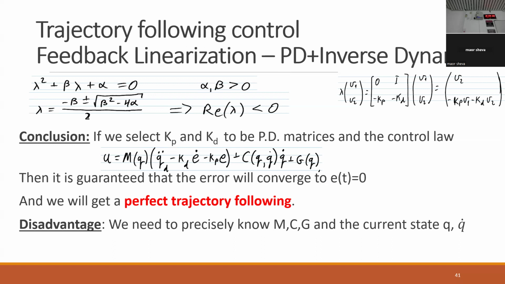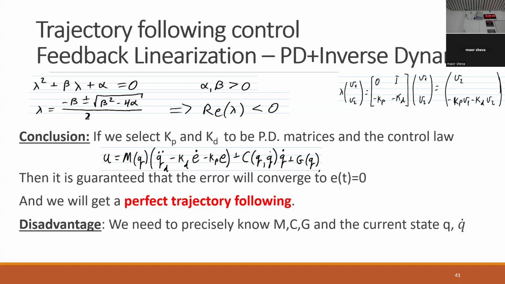And we will get a perfect trajectory followed. Even if I have error from the trajectory, it will get back to the trajectory. So it's a very good and useful controller.